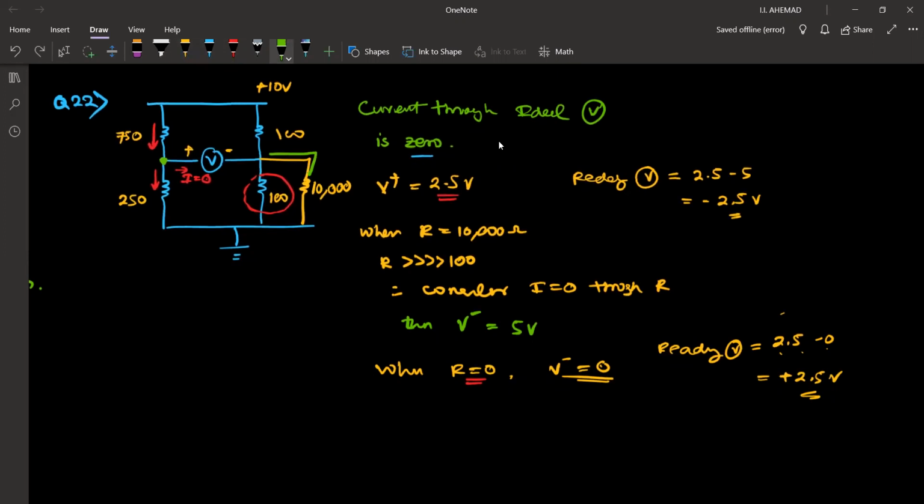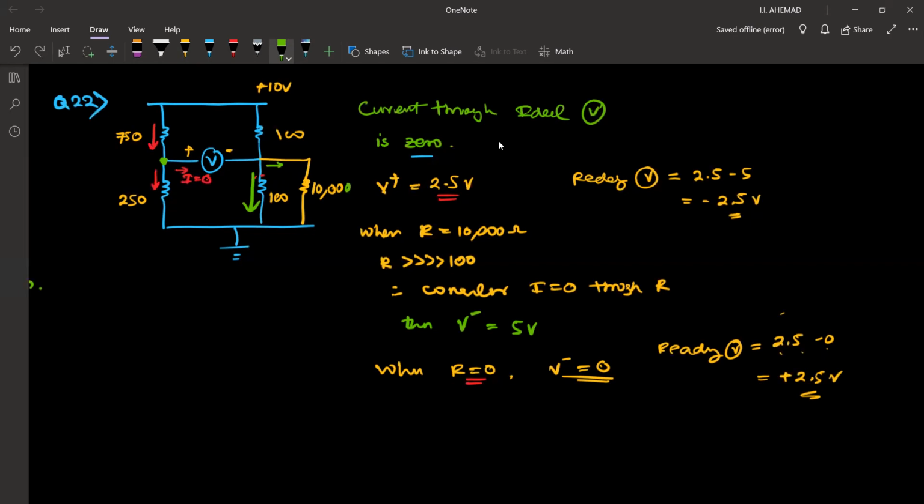Instead, when compared to 10,000, this 100 is very small. Therefore, the current will choose this path. There will be a small current through this, but let's omit that current. Let's say it is negligible and just forget about that.